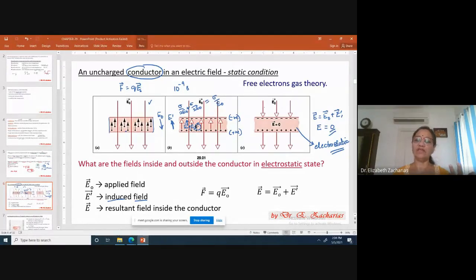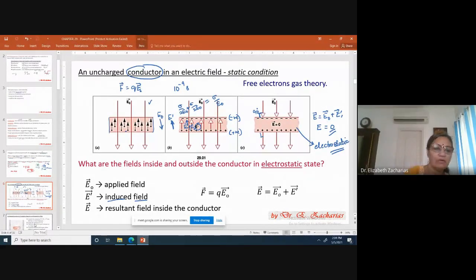So you will find that the electric field will be perpendicular to the surface, at 90 degrees to the surface, outside. But inside the material, the field got cancelled out. And this happened because of the induced charges. This is how electrostatic equilibrium is achieved by metals.